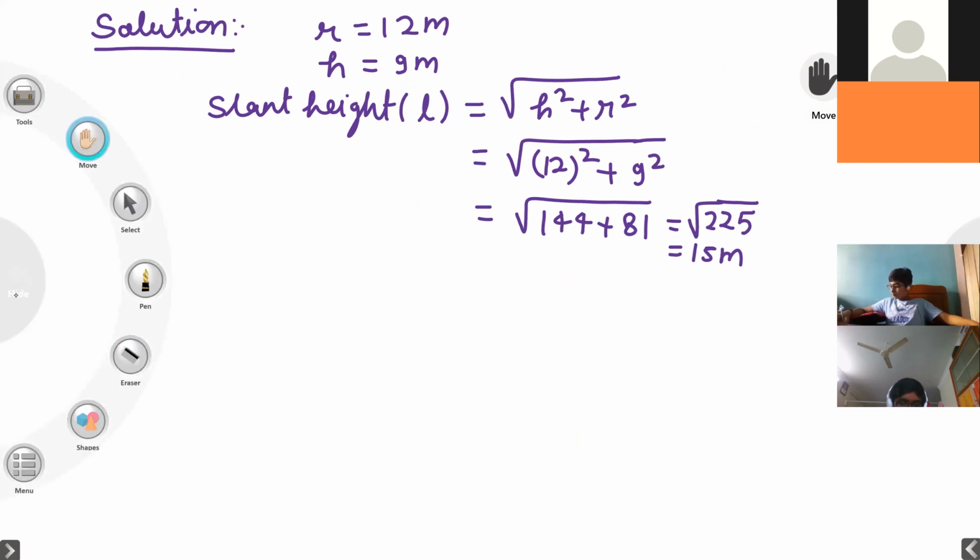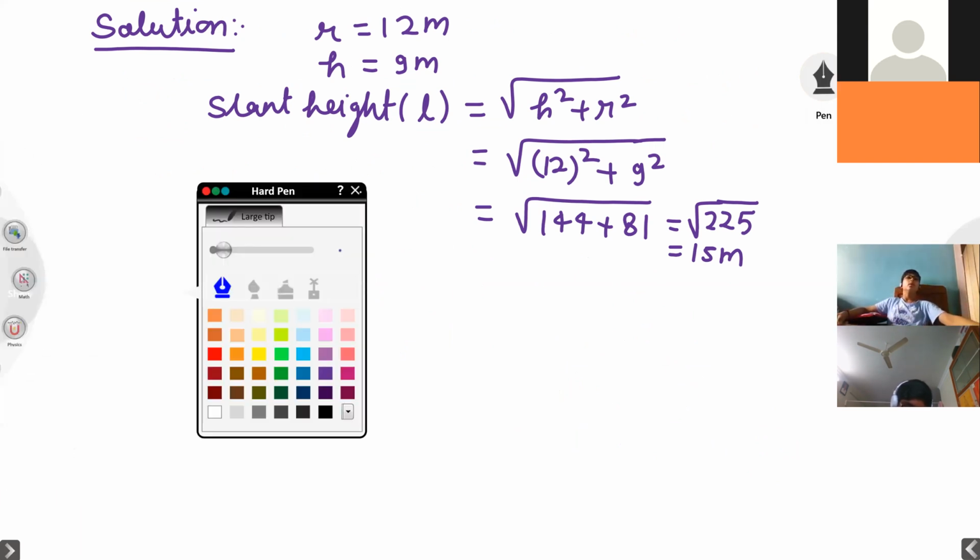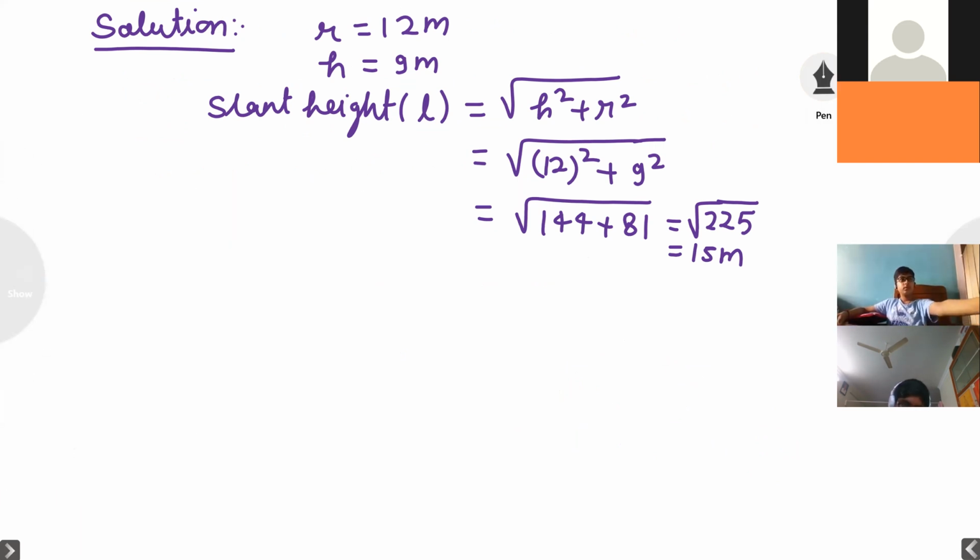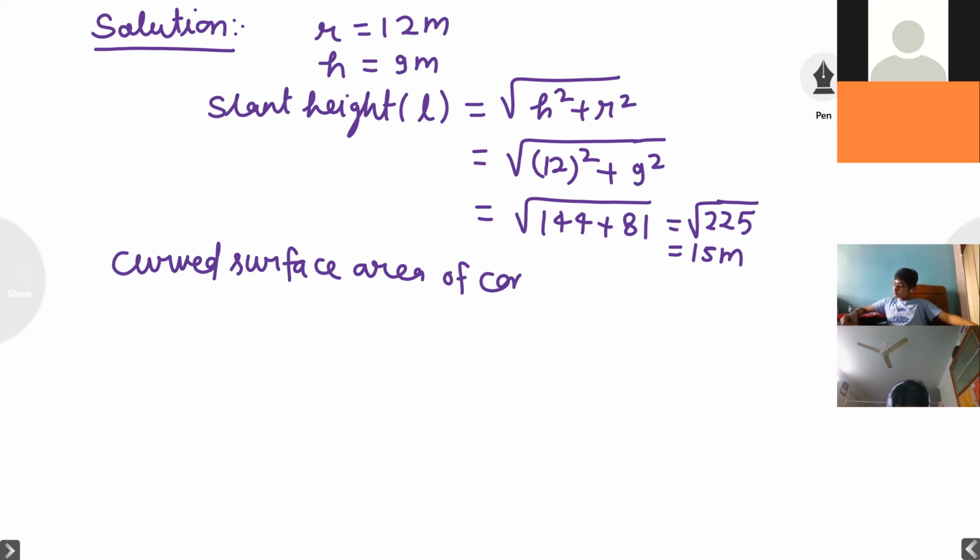Curved surface area of conical tent is equal to pi r L. Pi value, we will assume 3.14.